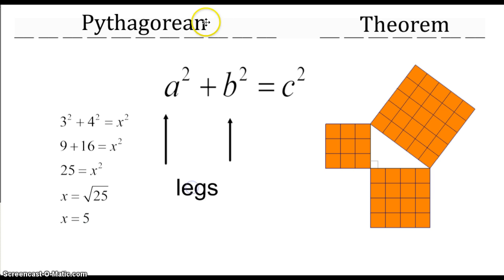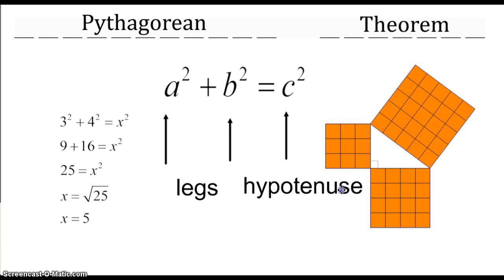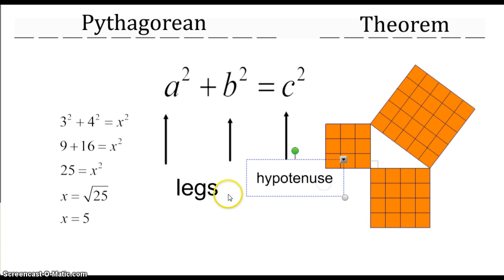And I want you to note that this C is always the hypotenuse. Okay? So A and B are the legs, C is the hypotenuse. A and B are interchangeable. It does not matter which leg you put where.